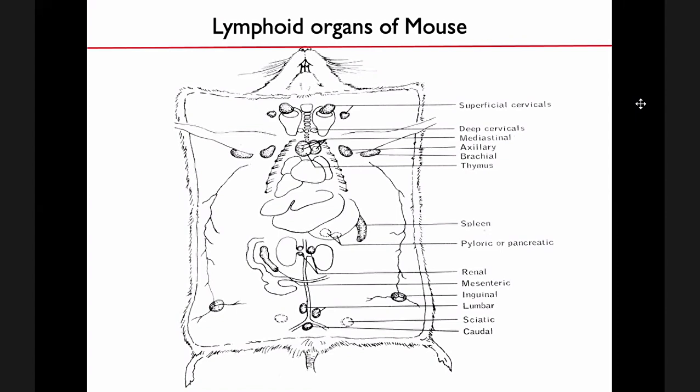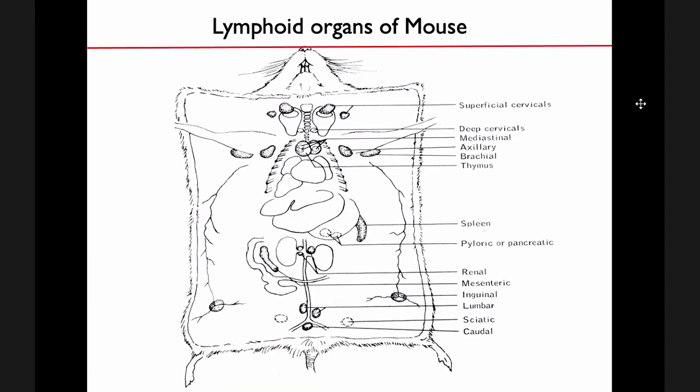Okay, you can go through this slide. You can name these lymph nodes as different types of lymph node, and this comes in handy when you start doing immunology research. Because, for example, many a time you have to do a foot pad infection in a mouse to investigate immune responses. If you do a foot pad infection, the response is going to be generated in the lymph nodes draining that site. We call them popliteal lymph nodes.